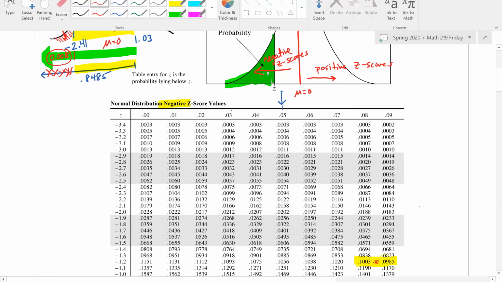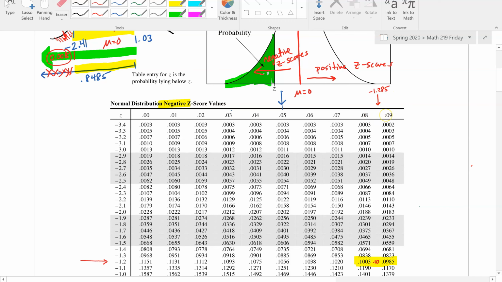So therefore my z-score, if I come over here, is negative 1.2-something. And it's in between those. Maybe it's not quite negative 1.28, it's not 1.29. It's in between them. So maybe it's negative 1.285, right?